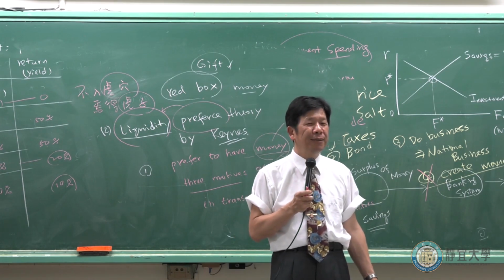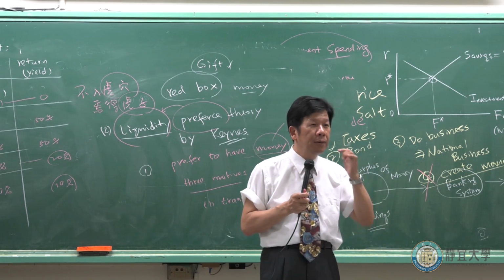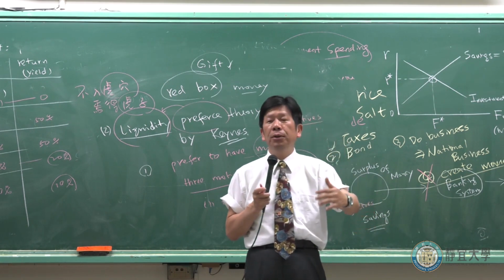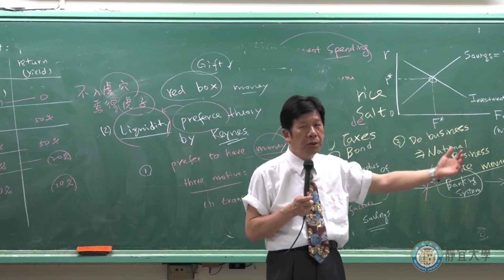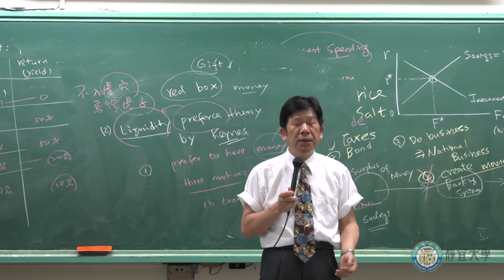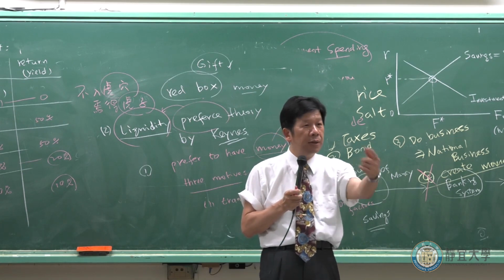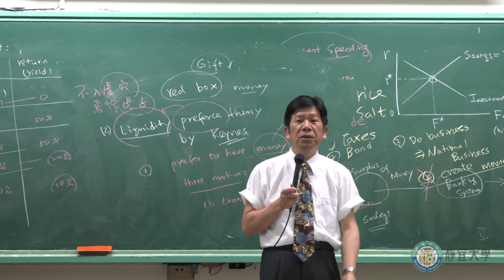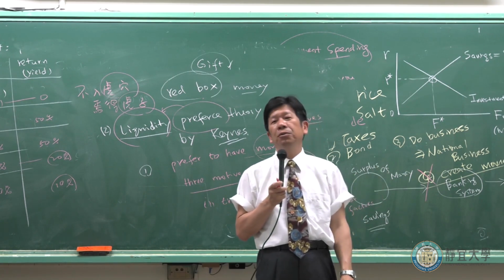Okay? So money can give you more power. For example, you're a student, you go outdoors, you find a shop. If you have money, you can enter to enjoy your meal. If you have no money, sorry, this is not good for me.